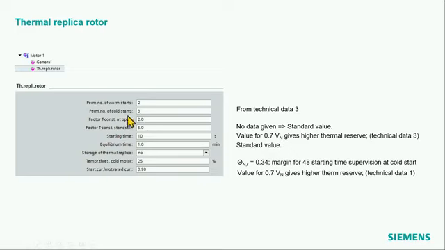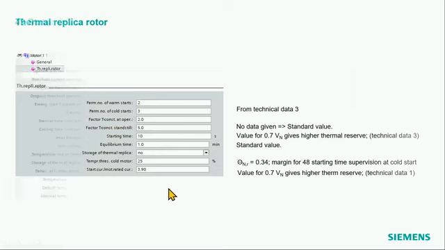Then I have the tau extension factors. The tau at standstill is 5 times higher, and if the motor is running and in the cooling phase, then I also delay the cooling process by a factor of 2 in this example. Then I have the starting time and the starting current. Those two belong together with the number of warm and cold starts.